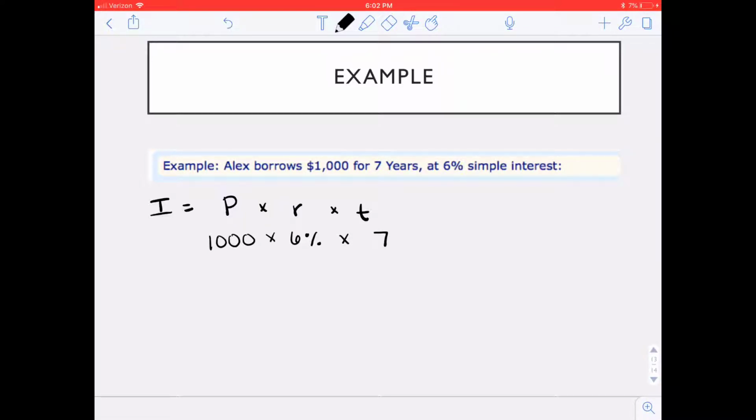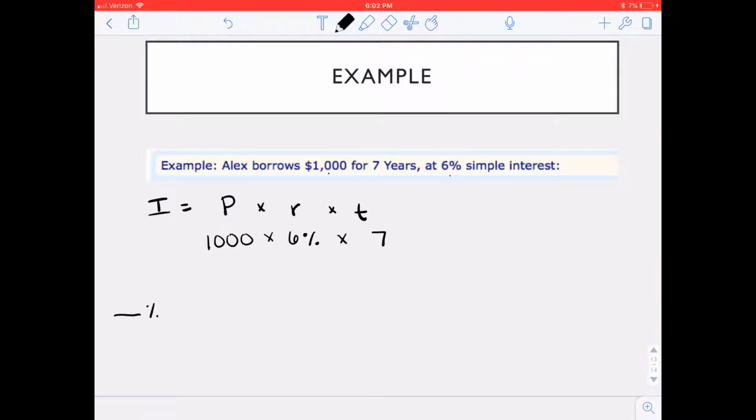Now, because I don't have a calculator, I'm going to solve this a little differently. I'm going to first figure out what is 6% of 1,000, and that's only because I don't have a calculator. If you recall, in our very first unit, we learned the blank percent of blank is blank. I'm using that information that we've learned in a previous section to solve.